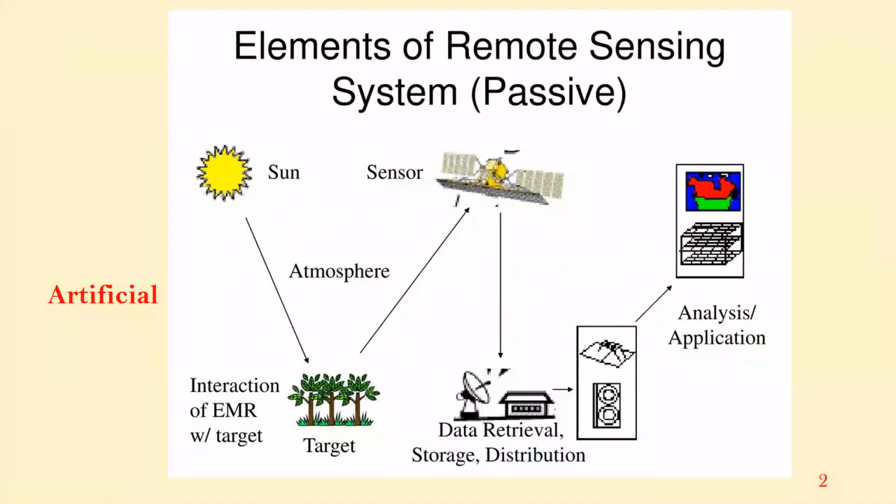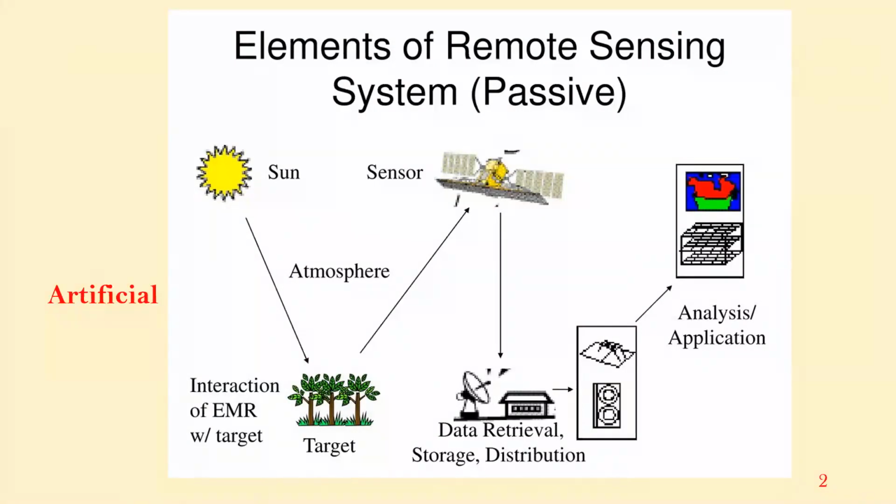Here, instead of an eye, we have a sensor or a camera that is mounted on a platform, either a satellite or aircraft, that captures this reflected light from Earth features. So let us look at the elements of a remote sensing system.